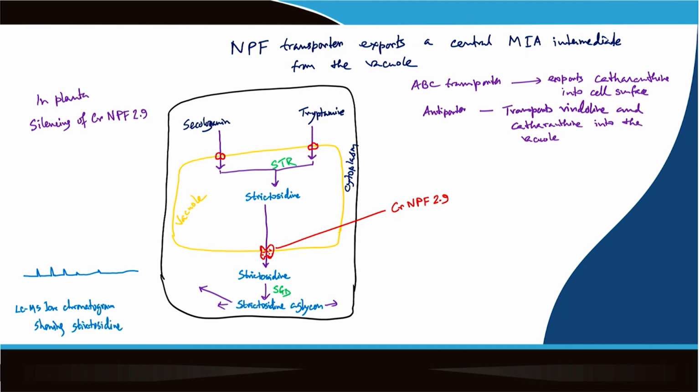So, this is the control. The control means that this is the plant with empty vector, and the other one is the real one, that means the silenced one. So, that will show, and if I highlight with the red one, then it will be clear.